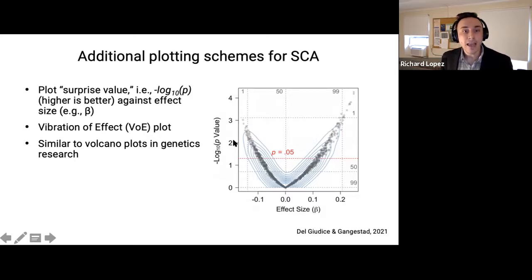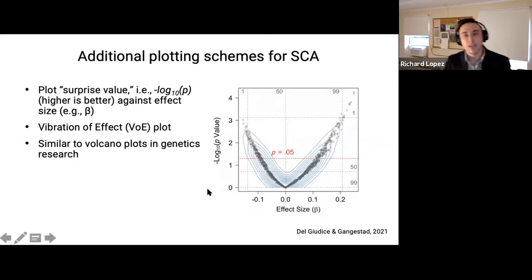So in this case, again, this was simulated data, but you could see that there's no effect. It's all over the place. You have a lot of values that are close to 0 and some extreme values, and a lot of the model specifications include effects that don't really meet that threshold of p of 0.05.